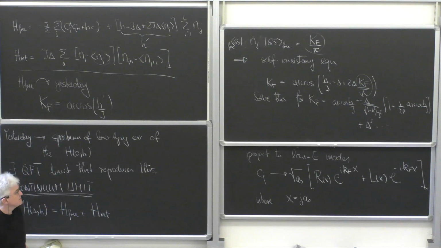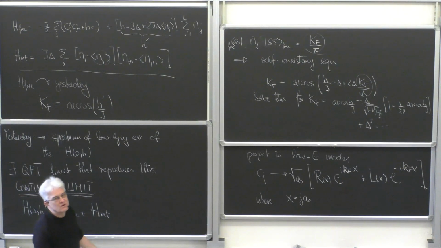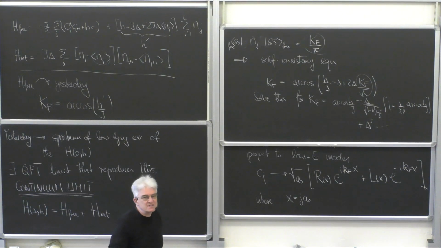Just to make sure I understand, in the original Hamiltonian, are the expectation values taken with respect to the free theory for n_j? Yeah, so I take them with respect to the free theory, but I have taken into account the interaction in some kind of self-consistent mean field approximation, which then allows me to capture some effects of delta, if you wish, for not very small values of delta.